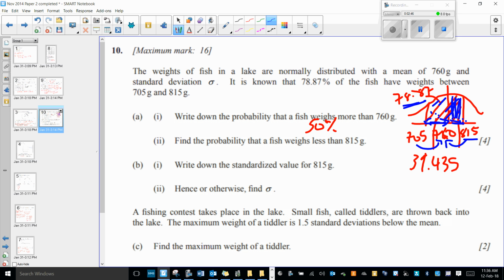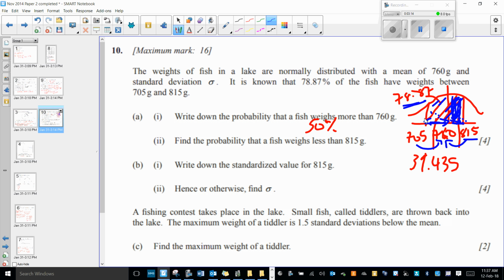Okay, so we know that the total probability of greater than 760 is 0.5, and this portion here is 0.39435. Then if we want the probability less than 815, it's going to be this amount plus 0.5.